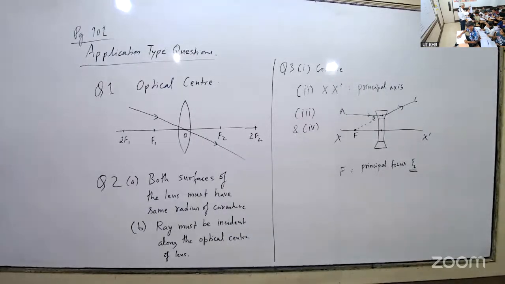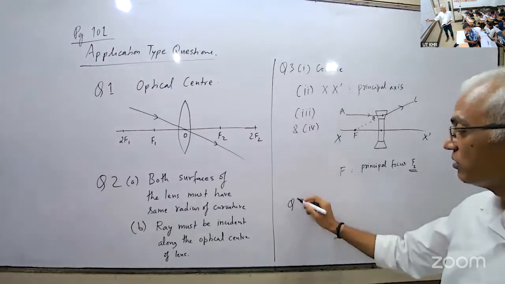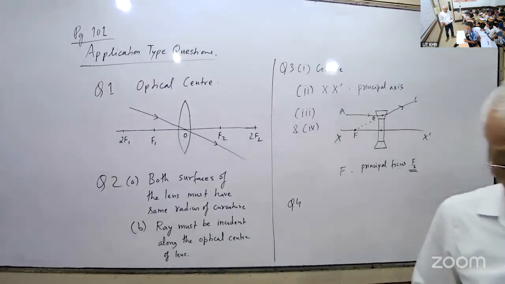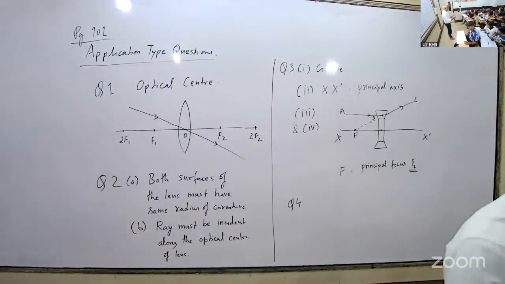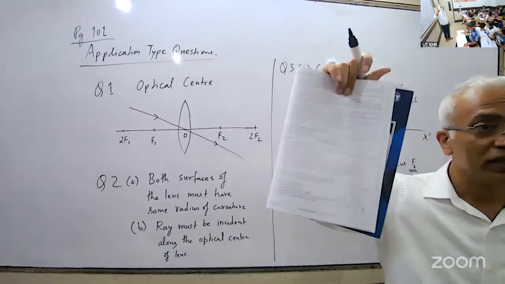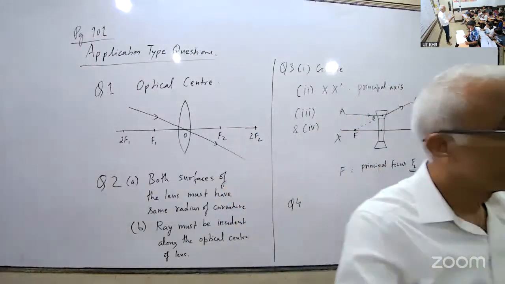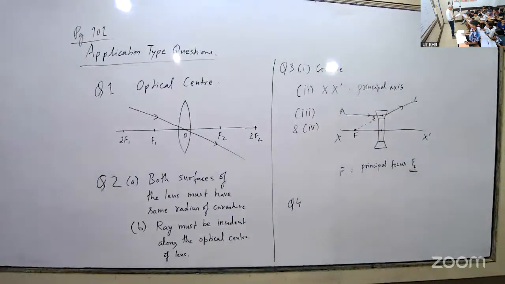Okay. Everybody, can you all draw this? Draw this diagram for yourself. Question 4 is for everyone. Just complete it yourself. What is expected for the ray after refraction? It will converge at F2.